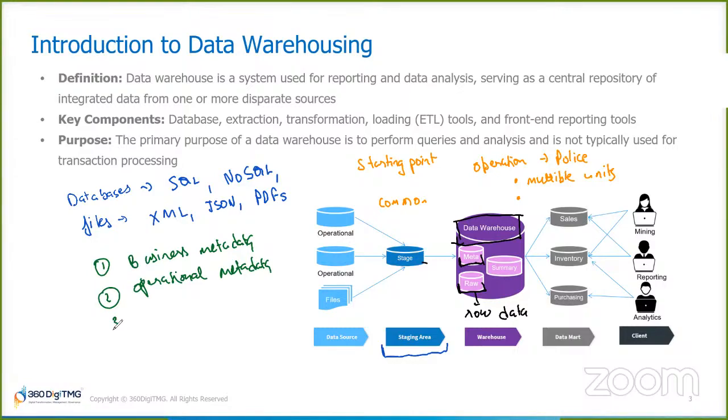Then we have data for mapping. Now, what is the data for mapping? We are looking at different kinds of data sources. I've given you some examples here. We are looking at CSV files, SQL and NoSQL databases, XML, JSON.